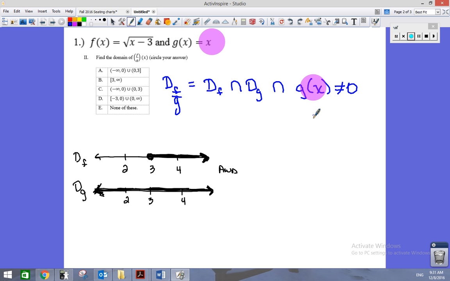The function g, everywhere I see g of x, I can replace it with x because they're equivalent. This equation says they're equal to each other. So by substitution, if I want to prevent g of x from equaling 0, then I need to prevent the input into g from being 0. So when I look at this, let's draw that picture.